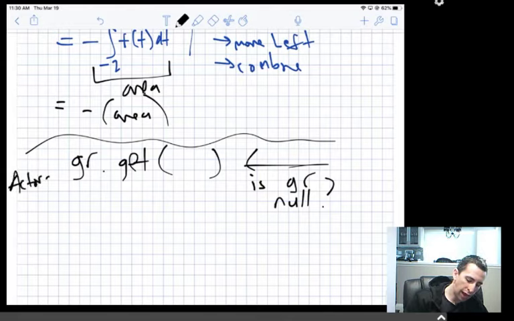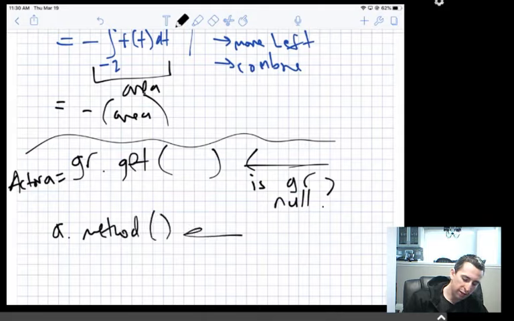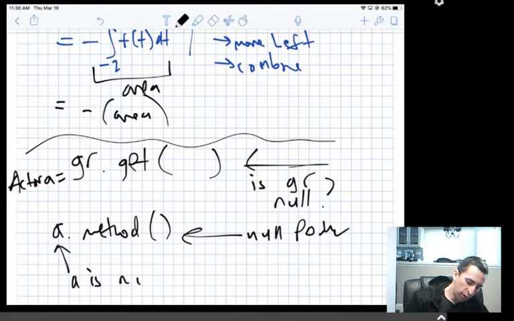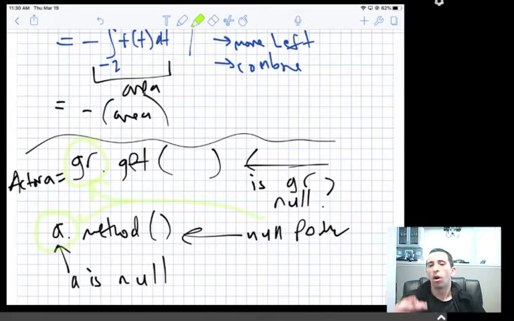Say you say actor A equals whatever, and then you do a.method. If this is the line that gives you a null pointer, then probably A is null. So whatever line you have the null pointer on, check to see what the object is. Because anytime you have a null pointer, it's when you're calling a method on an object which is null.